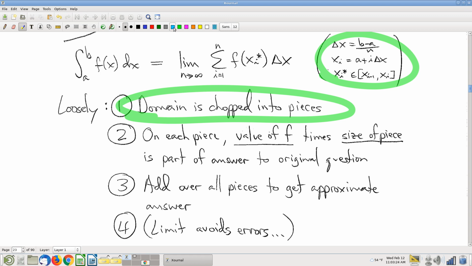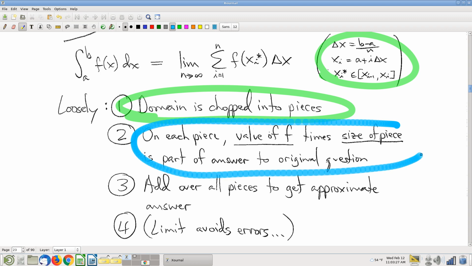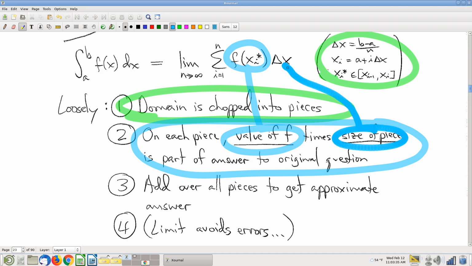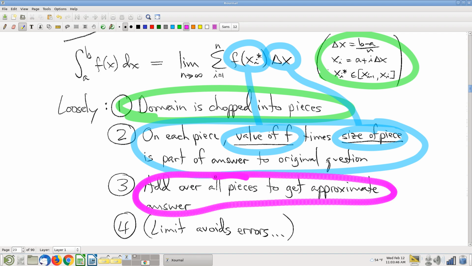On each little piece of our domain, we're going to multiply the value of some function, depending on what application we're interested in, times the size of that little piece, which of course is delta x. We're then going to take all those little calculations on each piece and add up over all the pieces.